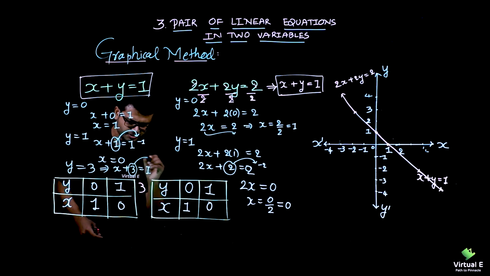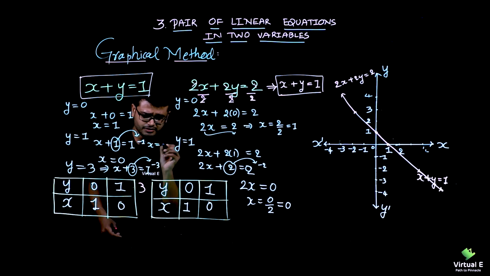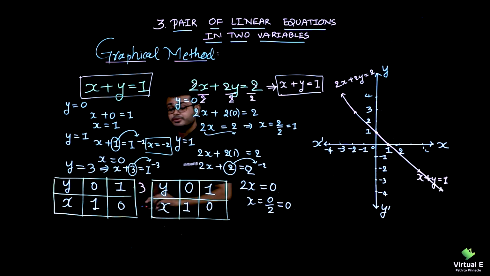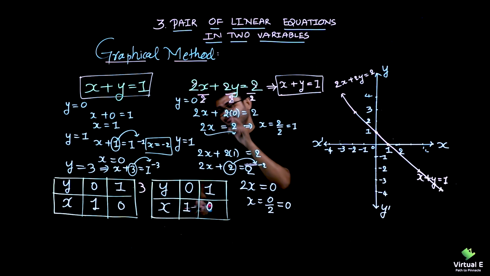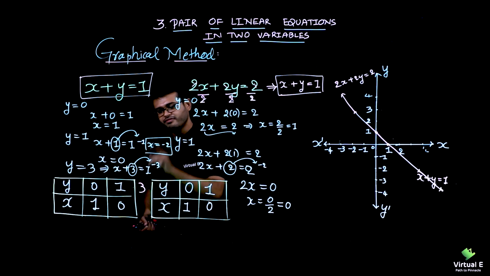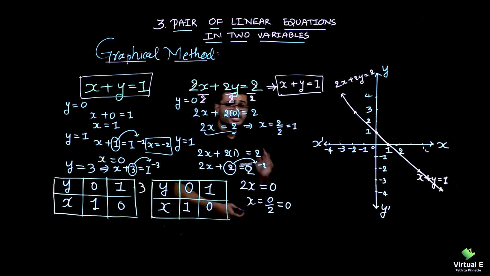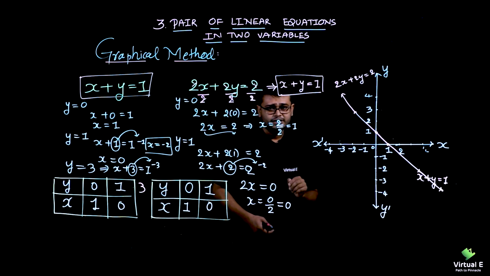If I shift this plus 3 over here, that will become minus 3, and 1 minus 3 will give me x is equal to minus 2, right? And if I substitute the same 3 over here, I will still get the value of x as minus 2, because both lines are equal.